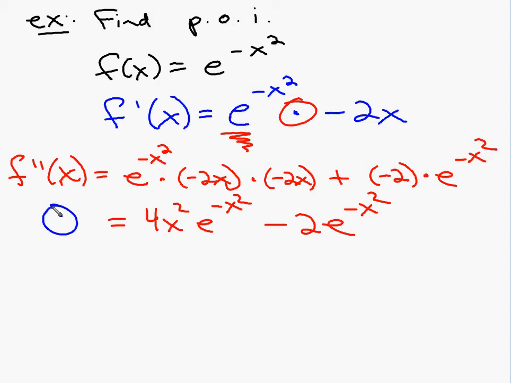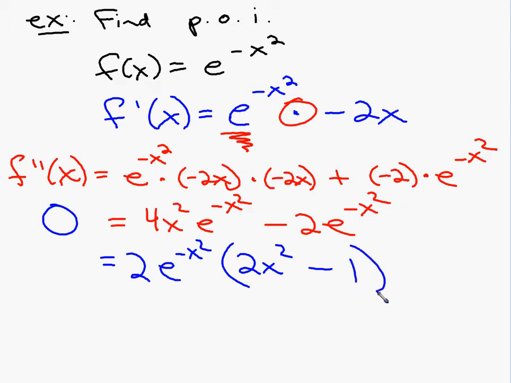So do you see something that I can factor out of both of these? Good. Very good. I can factor out an e to the negative x squared. And I'm left with, actually, can't I factor out a 2? I'm sorry, I missed it. 2. So I will be left with 2x squared minus 1. And that is equal to 0.